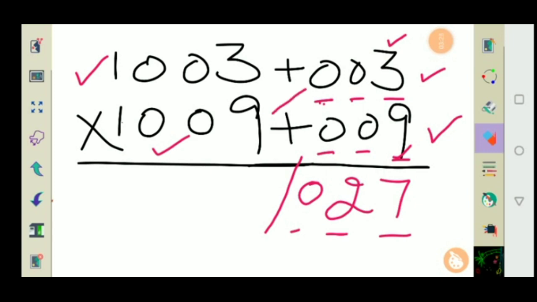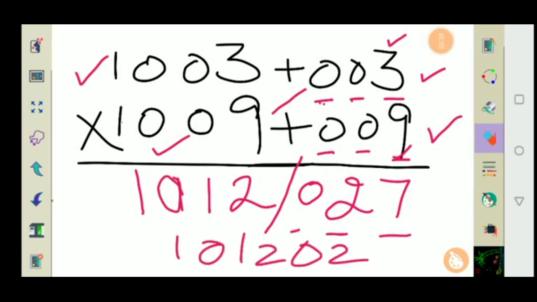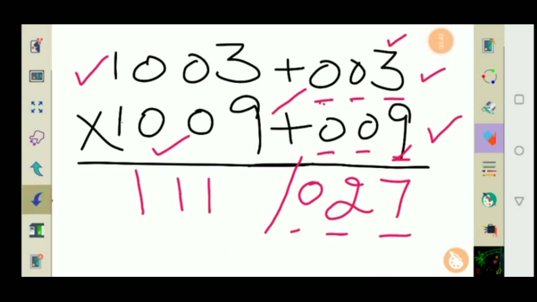In both cases you will be getting 1012. So the answer is 1012027. Clear?